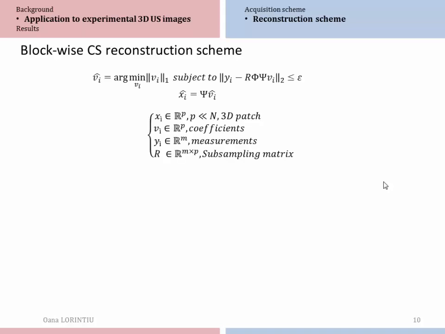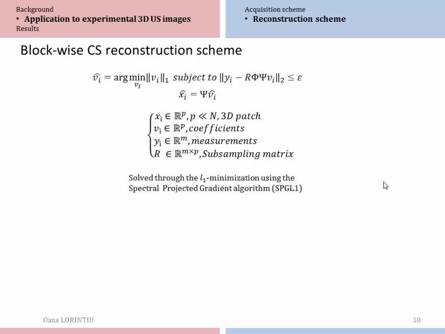And then from a reconstruction point of view, we use the blockwise compressed sensing reconstruction scheme, where we write the compressed sensing problem for each patch of our 3D volume. Here, X is the patch that you want to reconstruct, and Y is the 3D patch of measurements that we are supposed to acquire. And R is the line-wise subsampling matrix.